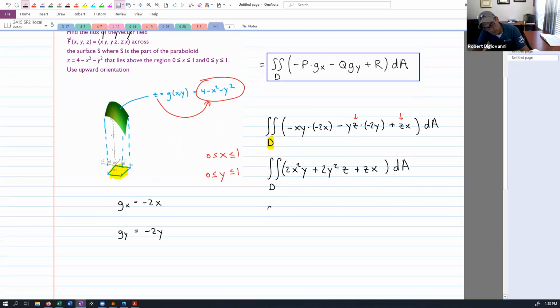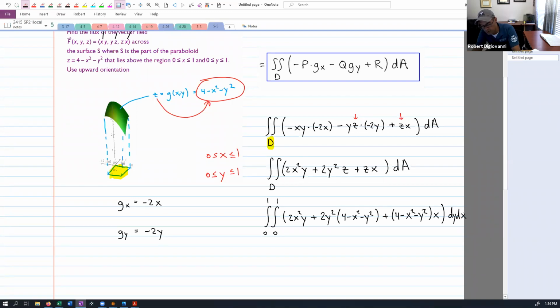And now I will replace, let me go ahead and do my limits of integration too. 0 to 1, 0 to 1. We'll have 2x squared y plus 2y squared times z, but z is 4 minus x squared minus y squared. And then plus z, which is 4 minus x squared minus y squared, times x, dy dx.